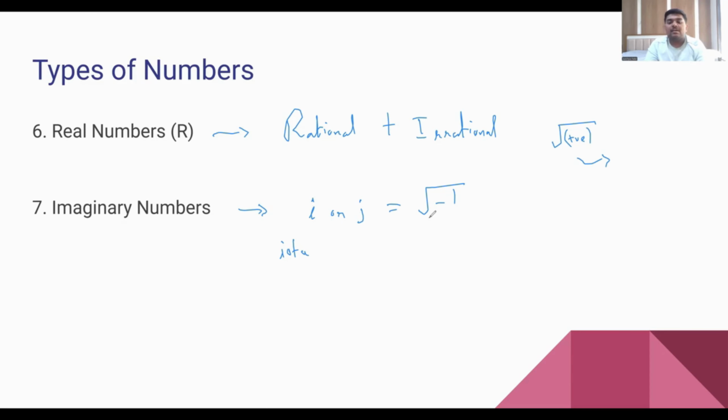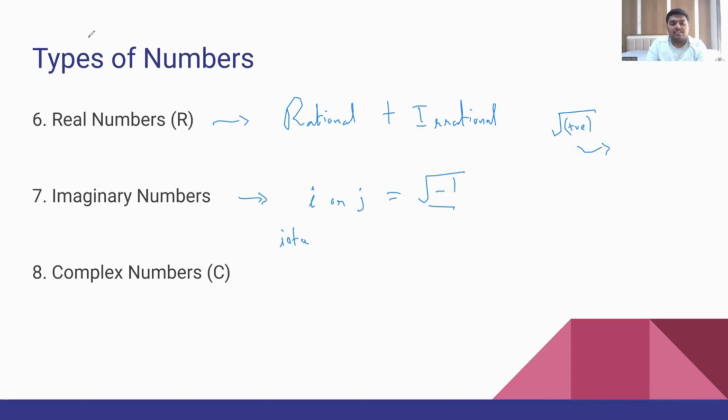But when it becomes negative, it becomes an imaginary number. Okay. And a complex number is the combination of real and imaginary numbers, which means that a complex number can be real as well as imaginary. Okay. So this is pretty much it from the types of numbers for now.